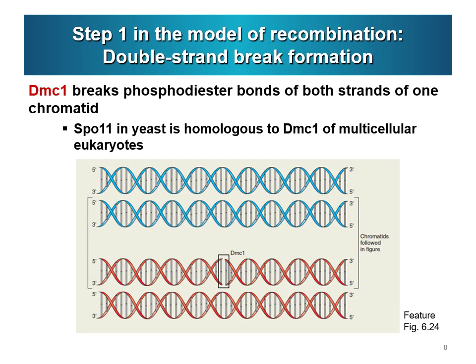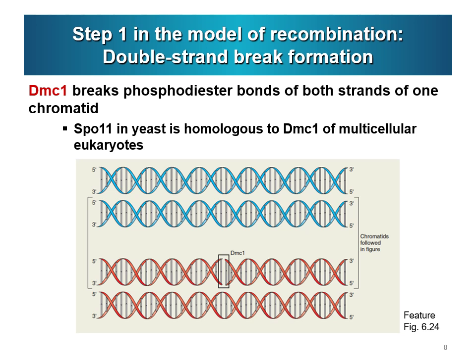Now let's go step by step through double-strand break formation for the model of recombination. DMC1 is an enzyme that breaks the phosphodiester bonds of both strands of one chromatid. SPO11 in yeast is the homolog of the multicellular eukaryotes' enzyme.